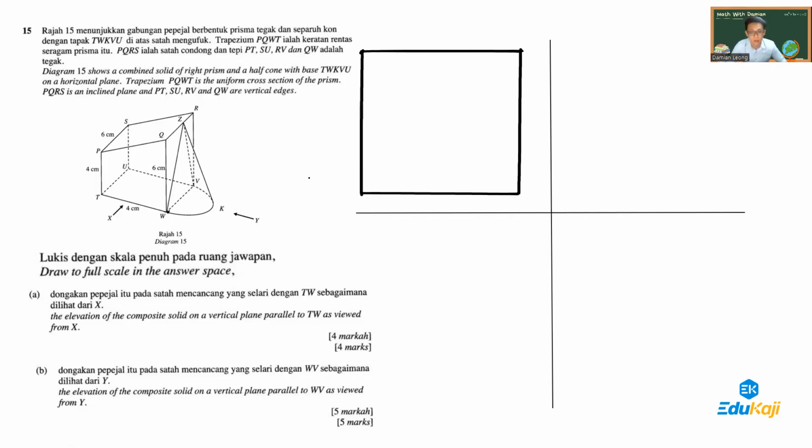Okay. Then we have these lines to the middle. So measure here right in the middle. And we connect with this corner and this corner.